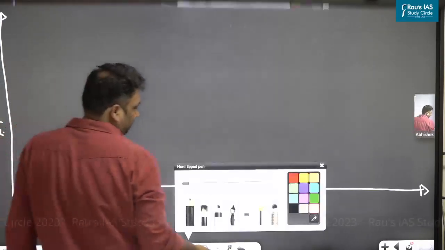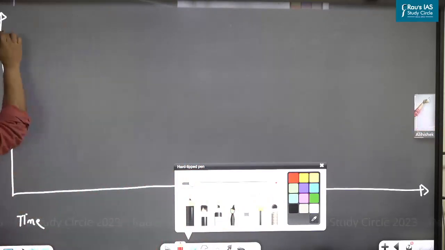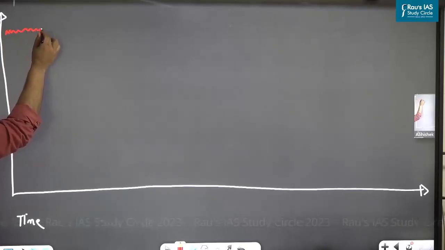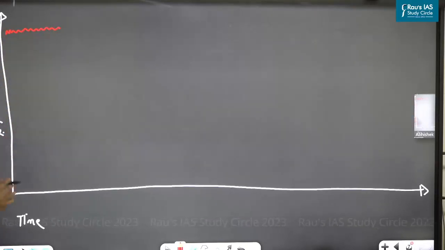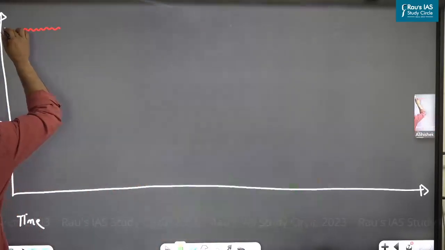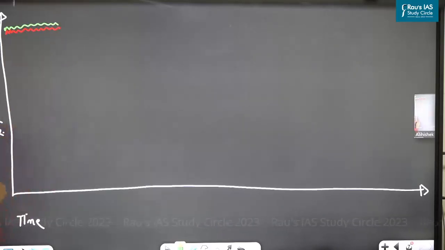So in stage 1, that is in a tribal society or pre-industrial society, you had a fluctuating death rate and a fluctuating birth rate. Birth rate is slightly higher than the death rate. So that is also the reason why you had very low population.